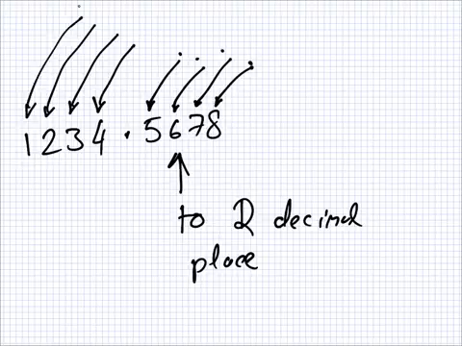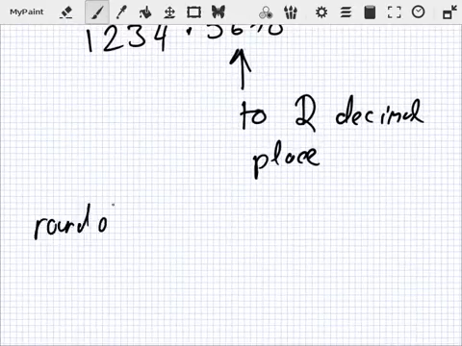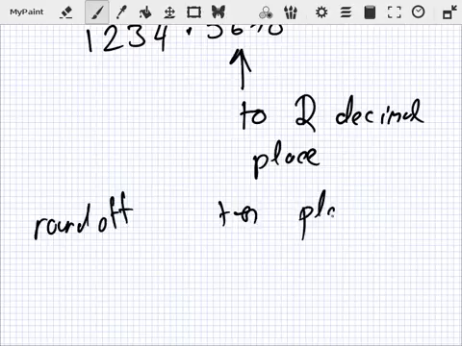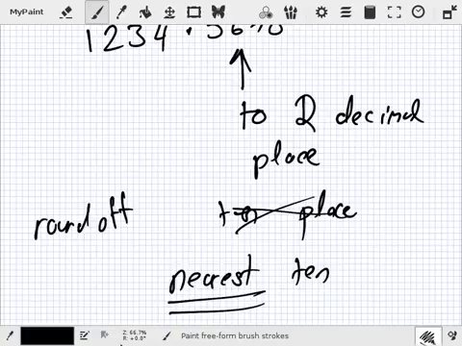You don't say hundreds place, you don't say thousands place. So when you say round off, you don't say tens place, you say nearest 10. So we use nearest instead of place.